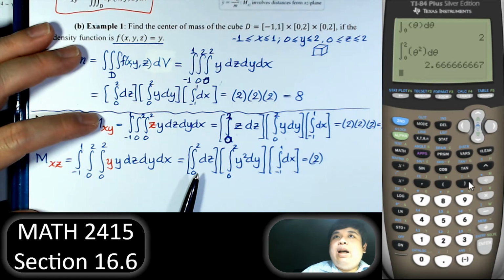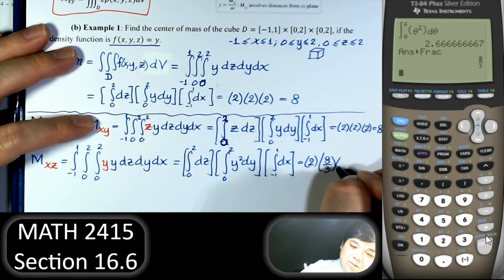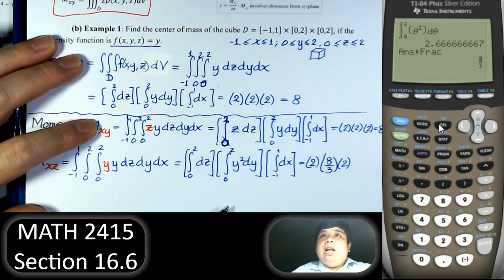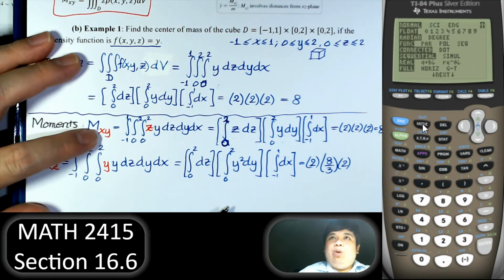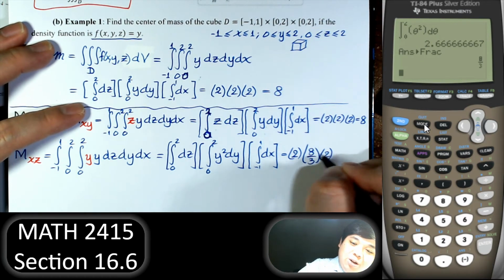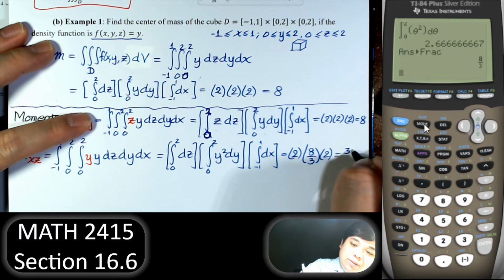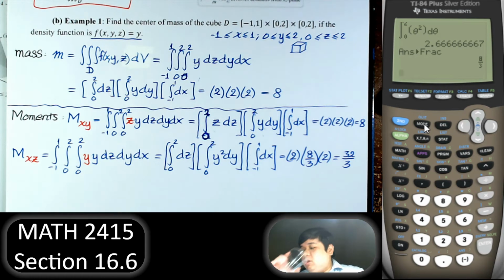You know what? Actually, let's change to a fraction. y cubed over 3. And the last integral is 2. Let's change this back to a function so we don't have to see the theta in the integral, kind of weird. So 2 times, so that will be 4 times 8, 32 over 3. Right?